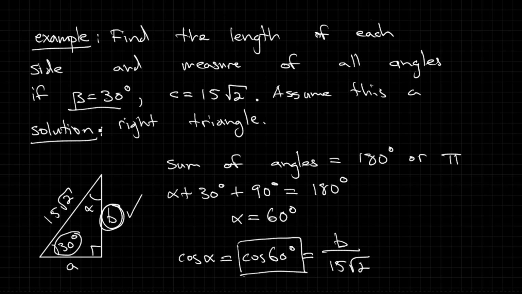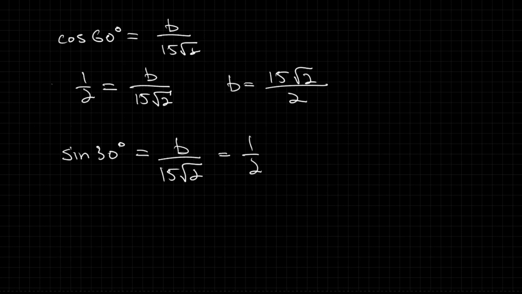Now, what I'll do here is I'll notice that if you have 30 degrees, then cosine of 30 degrees, that's going to be the adjacent length divided by the hypotenuse. And so cosine 30 degrees, that is a over 15 root 2.